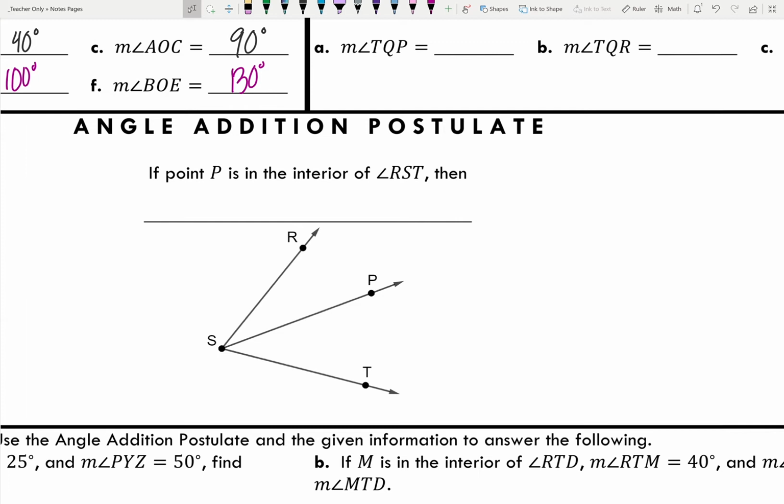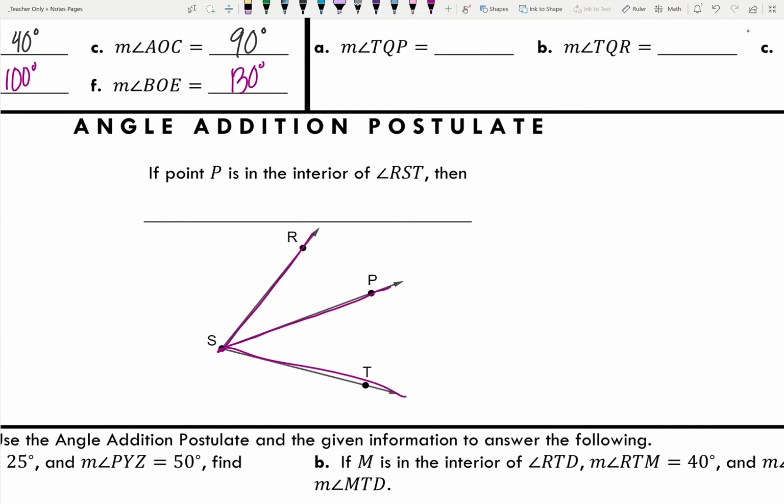Let's state it. It says if point P is in the interior of angle RST, then, so let's think what that means. Point P is in the interior of angle RST. I've got angle RST right here, and then I have point P, which is in the interior, which is just the inside, and then that means they have a ray that goes through them.